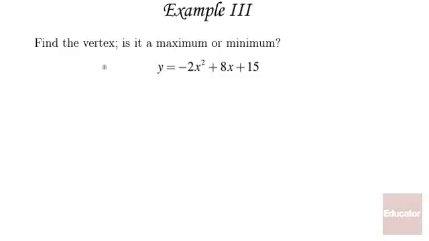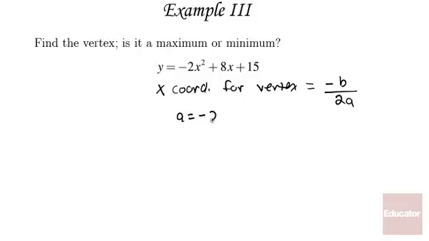This example asks us to find the vertex and asks whether the vertex is a maximum or a minimum. Recall that the x coordinate, the x value for the vertex equals negative b over 2a. This is written in standard form, and I know that in standard form, this is going to be a equals negative 2, b equals 8.